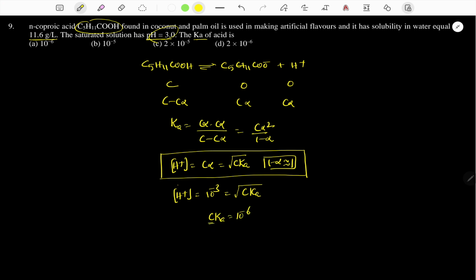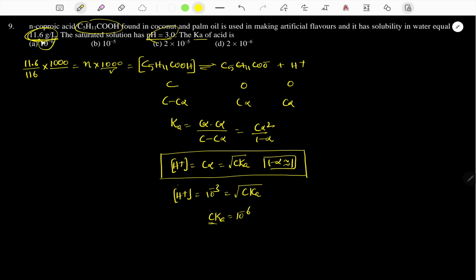Now we have to calculate the C value, that is the concentration. The concentration of this acid is equal to number of moles into 1000 by volume. Here the solubility they have given is 11.6 grams per liter. That means this is equal to weight 11.6, molecular weight 116, into 1000 by volume per liter.